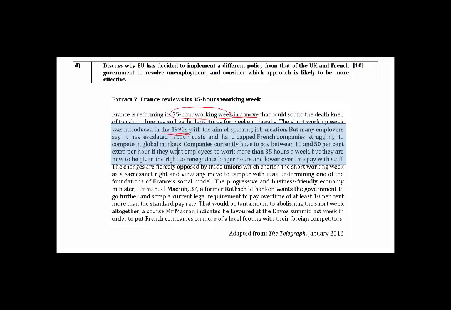That means that the maximum working hours in France per week is 35 hours. So for anyone who wants your employees to work more than 35 hours, you have to pay between 10 and 50% extra per hour. So your OT pay.